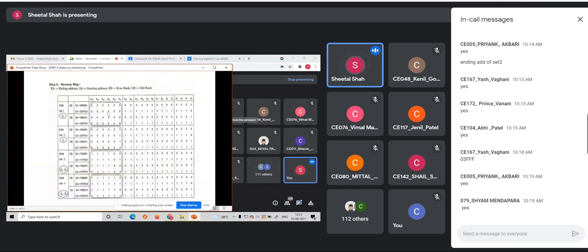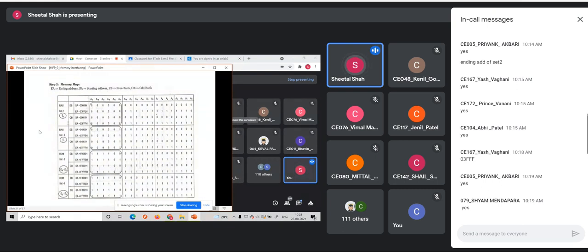Okay. Similarly for RAM. For the set 1, the starting address for the even bank was 00000, and the last address was 03FFE. This is for the even bank of the set 1. Okay. Similarly 00001 and 03FFF, that was the last address.